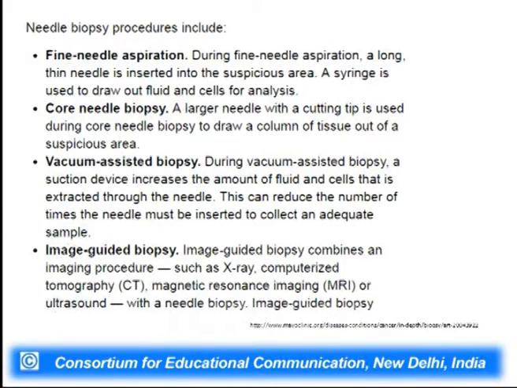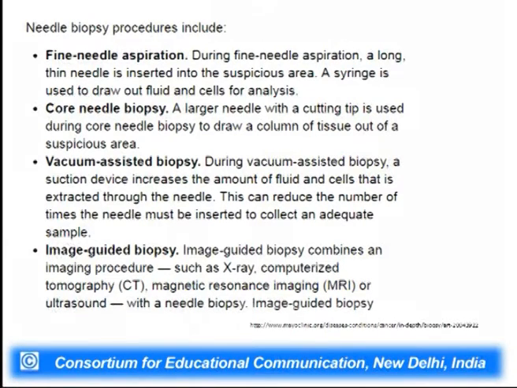The second form of needle biopsy is the core needle biopsy, in which a large needle containing a cutting tip at the end is inserted. It helps the doctors draw a column of tissue out of the suspicious area. So, in this core biopsy, we can take out a tissue or lump of cells for proper analysis.